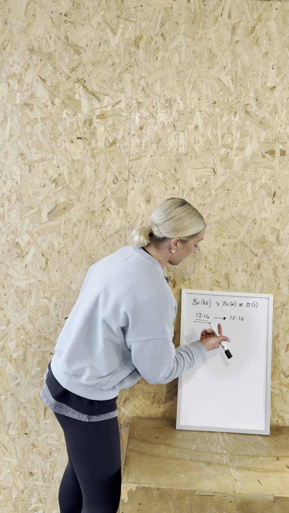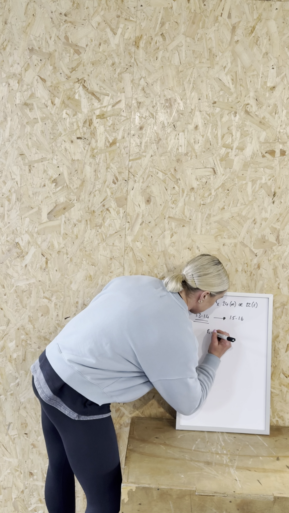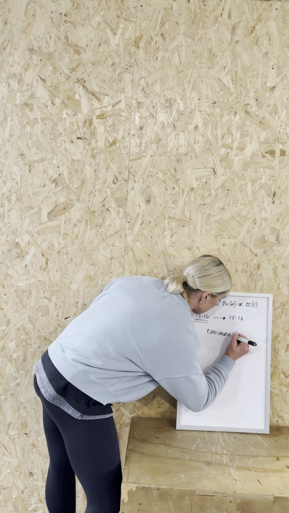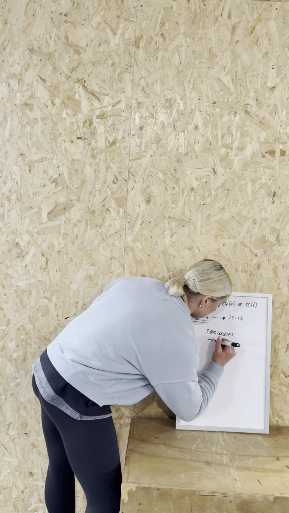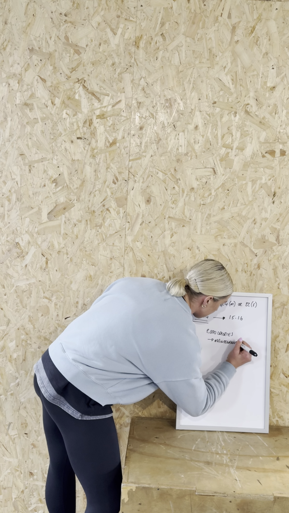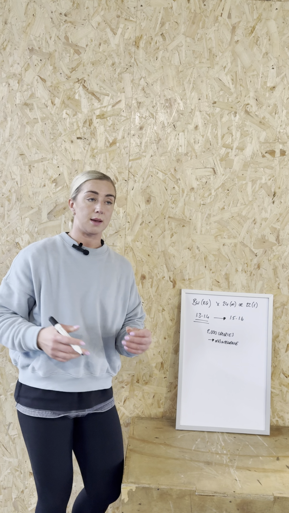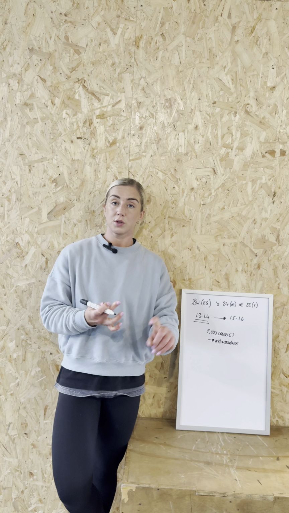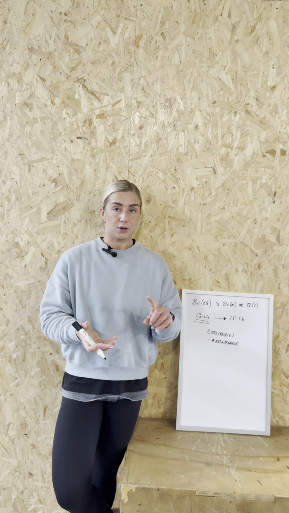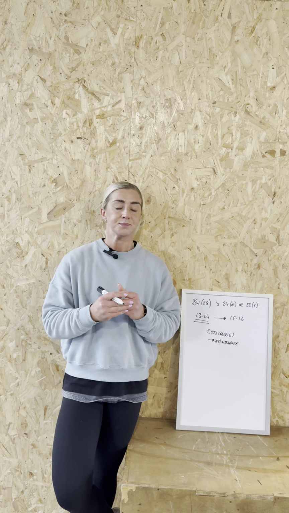So starting off with this number, let's say for argument's sake, it is 2,000 calories, which is maintenance. And this is how much your body needs just to keep you alive, to fuel bodily processes, like your heart beating, your blood pumping around your body, your brain working, things like that.